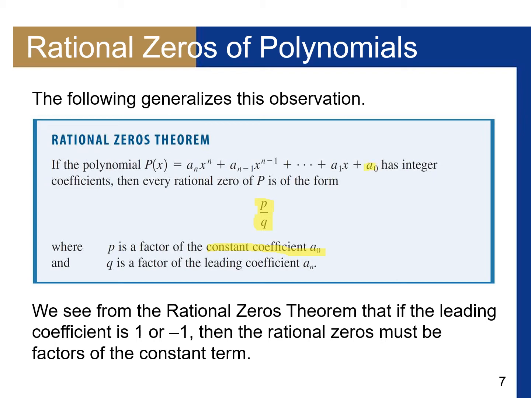So remember before we said it's factors of our constant, and Q is the factor of the leading coefficient, A sub n.